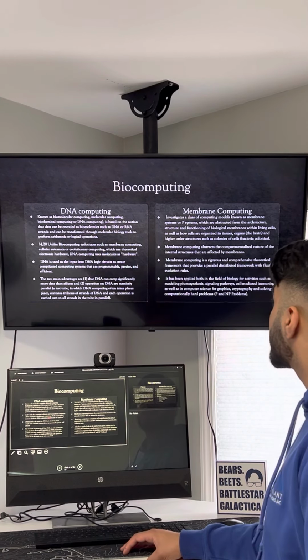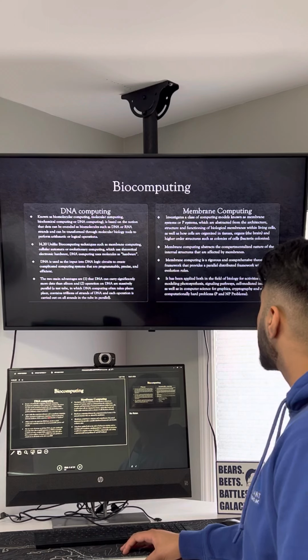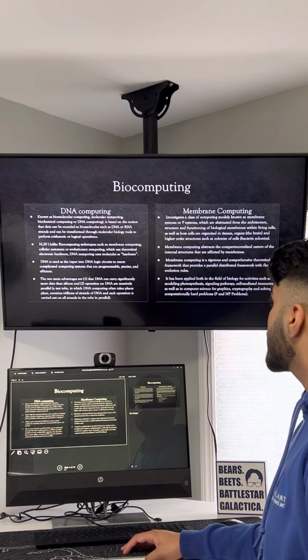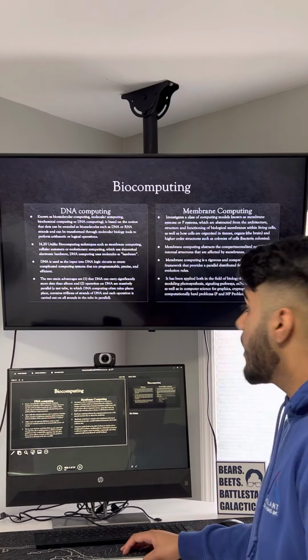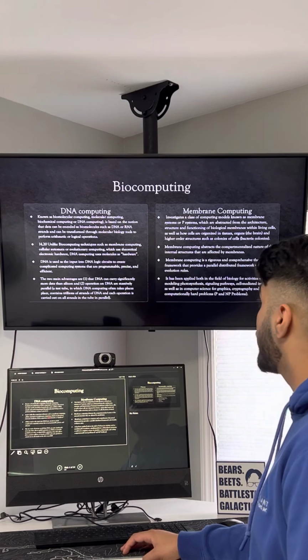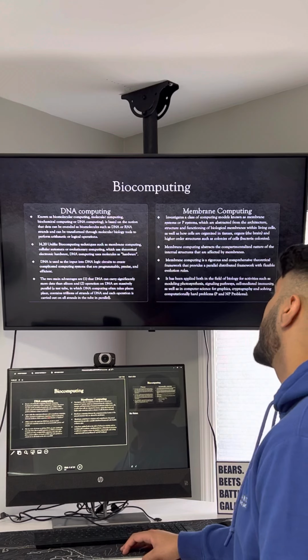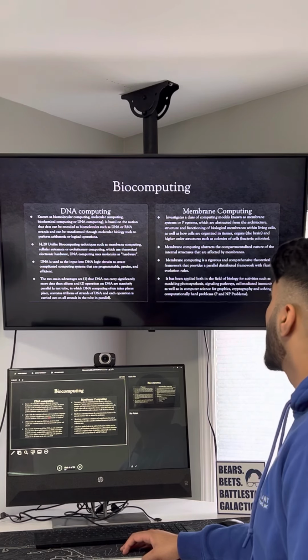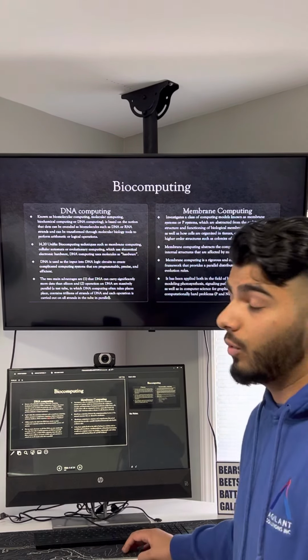Membrane computing abstracts the compartmentalized nature of internal structures that are affected by membranes. Membrane computing is a rigorous and comprehensive theoretical framework that provides a parallel distributed framework with flexible evolution rules.